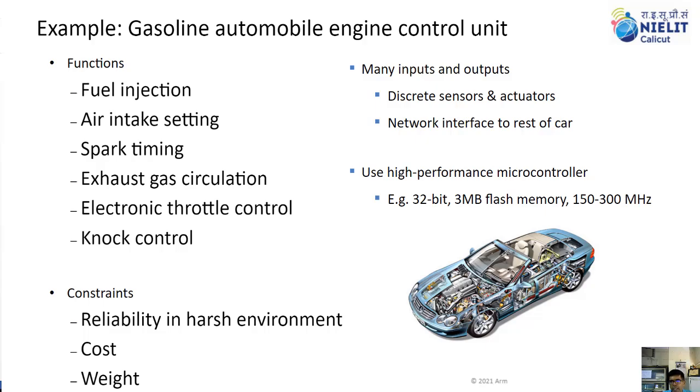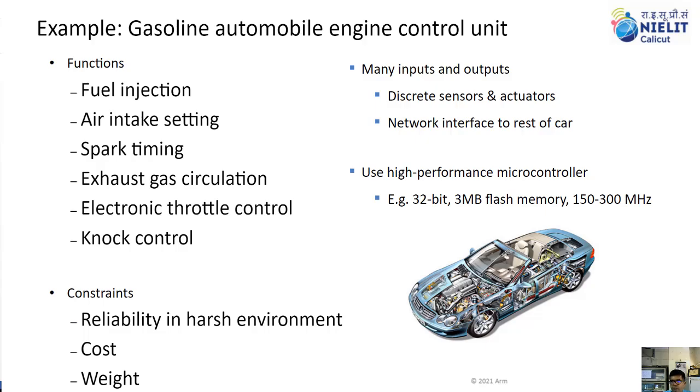As part of making it smart, there are many input and output units required. So there will be a lot of analog and digital sensors, and a lot of actuators as part of it, and then a network interface to the rest of the car. Different types of networking are used to connect all these sensors and ECUs. CAN is one of the oldest networks, and automotive Ethernet is another kind of networking we are seeing in modern cars.